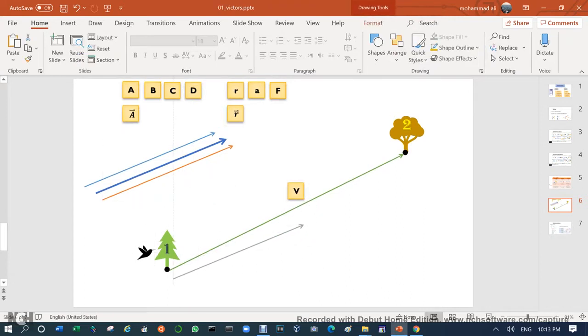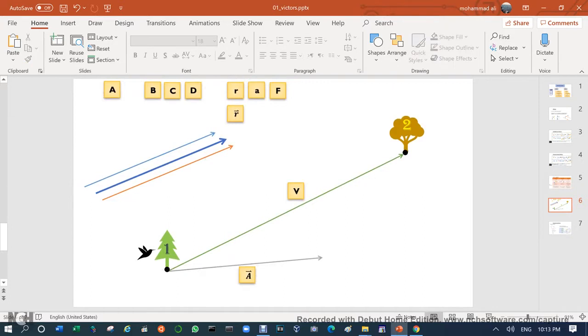And it can go in different ways. For example, it can go using the vector A, which is in bold. We can also use A with an arrow over it. And it can go using the direction of vector B, which is the blue one.